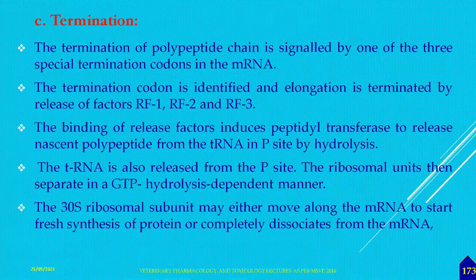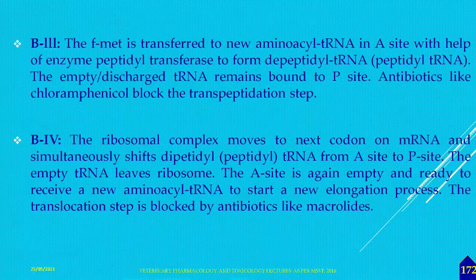And the last step is the termination. The termination of the polypeptide chain is signaled by one of the 3 special termination codons of the mRNA. The termination codon is identified and elongation is terminated by the release factors like RF1, RF2 and RF3. Here you can see that particular step.